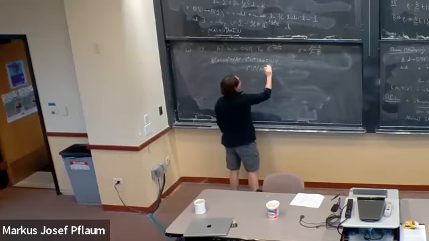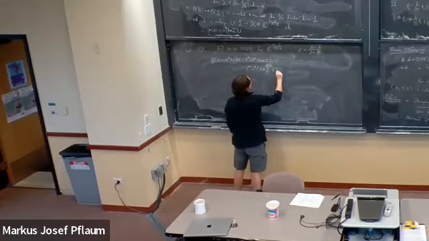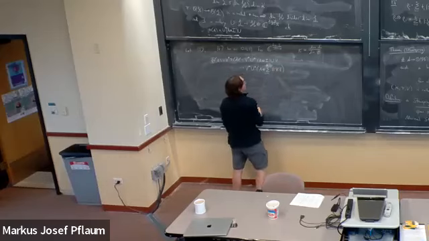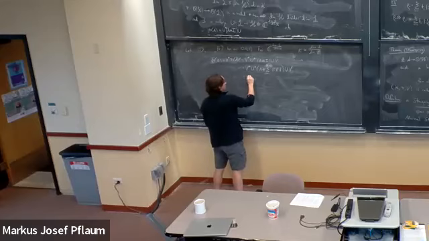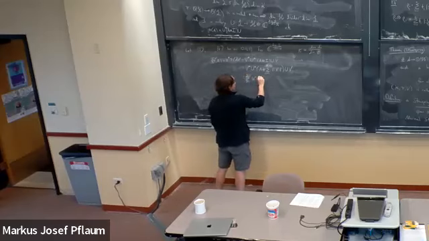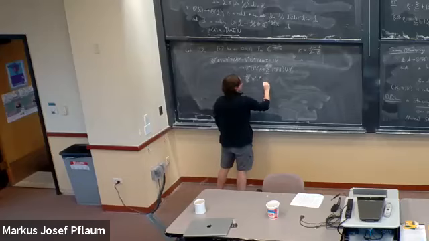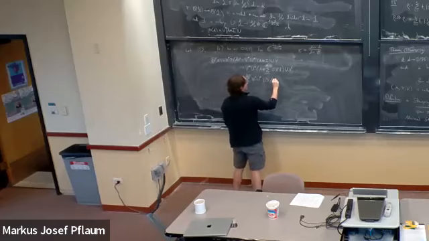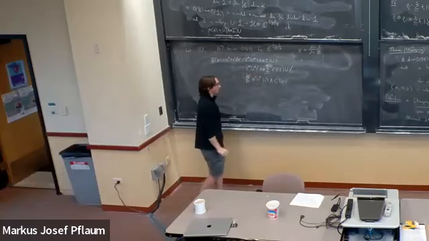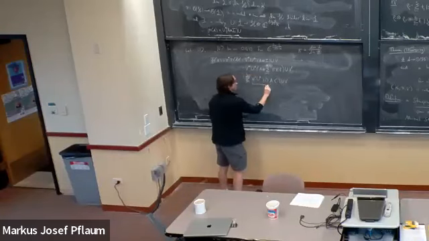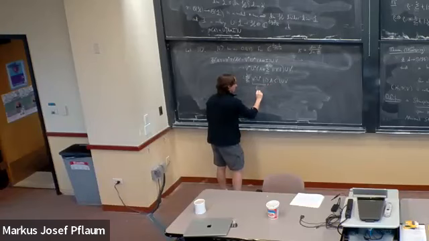So this is up to k. So I insert a resolution of the identity like that, and then I write this in terms of partial bras and partial kets. So this is the sum from i equals 1 to k, B star, U star, the partial ket, A, partial bra, U, B. And this is E_i.